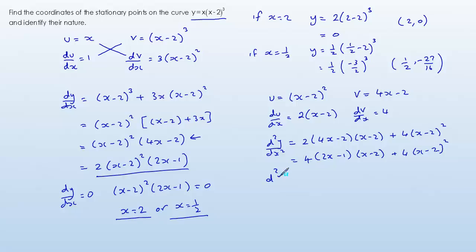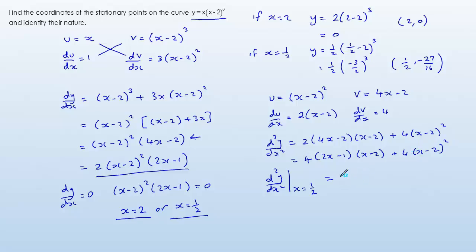Now d²y/dx² evaluated at x equals a half. Well, this is going to give me 0, so the whole of the first term is 0. But a half minus 2 is −3/2. Square that, it's 9/4.